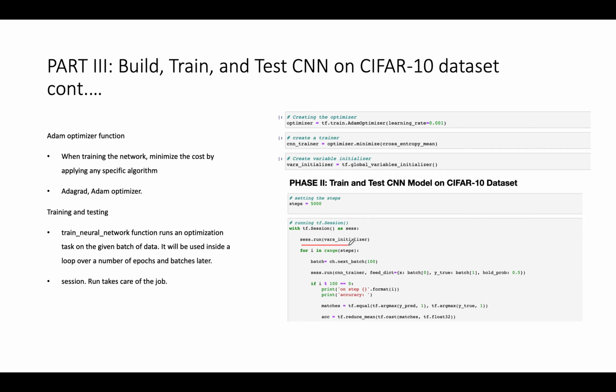It takes the first argument as what to run and the second argument as a list of data to feed the network for retrieving results from the first argument. As mentioned and explained in the previous slide, we want to minimize the cost by running the optimizer, so that has to be the first argument.